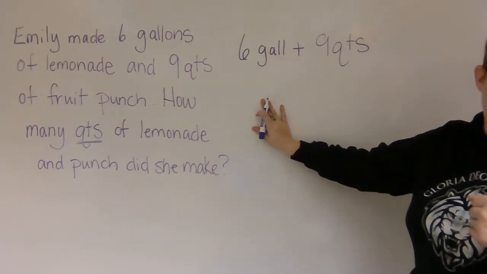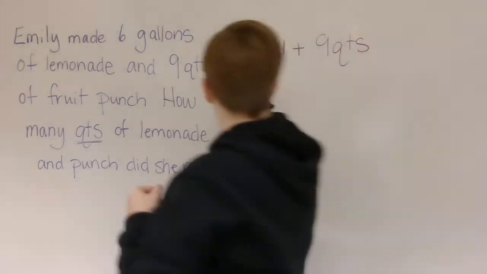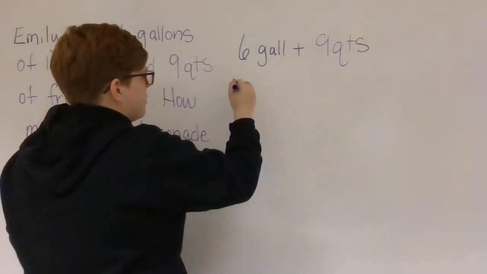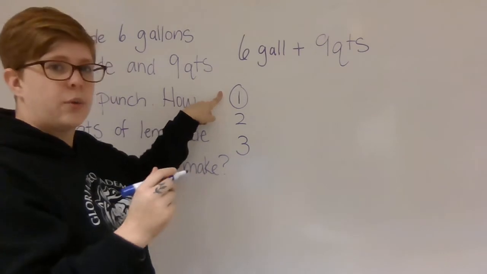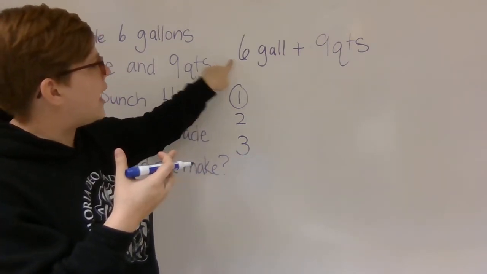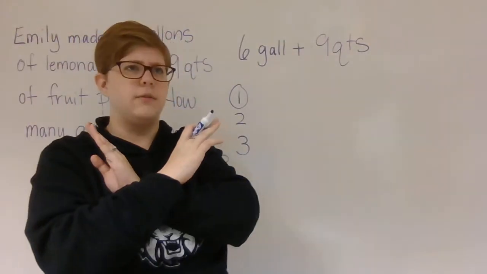The first thing I do when I do conversions is I'm going to take this number and do steps 1, 2, 3, right? My first step is to sign the special problem. So I'm going to find out which sign I'm going to use, multiply or divide. Well, gallons is larger than quarts, and we're going from larger to smaller.